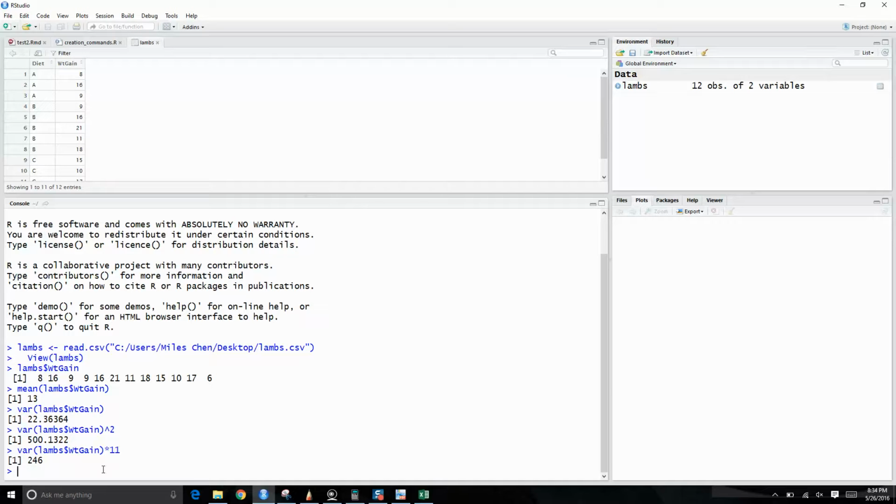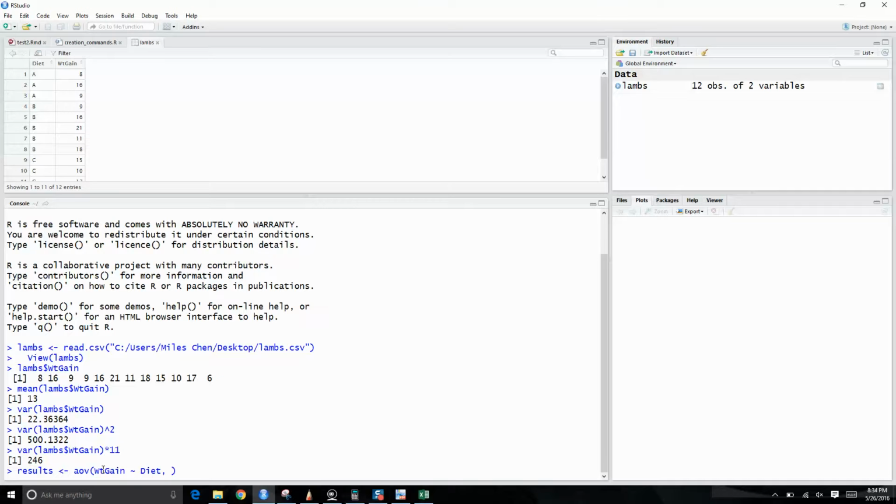Okay, to do the ANOVA, I'm going to just create something called results, and we would do AOV. And what I want to do is I want to explain weight gain, explained by diet.